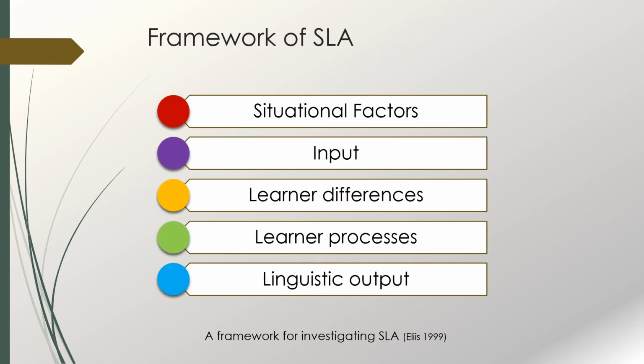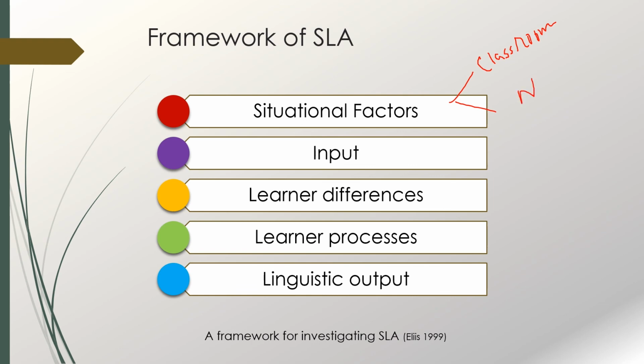So here is the framework of SLA. The first one is situational factors. We have two different situations. One is classroom SLA, and that's what we said in the last slide as well. Whenever we are referring to classroom SLA, most of the students are in the class, and they learn the language in the classroom.